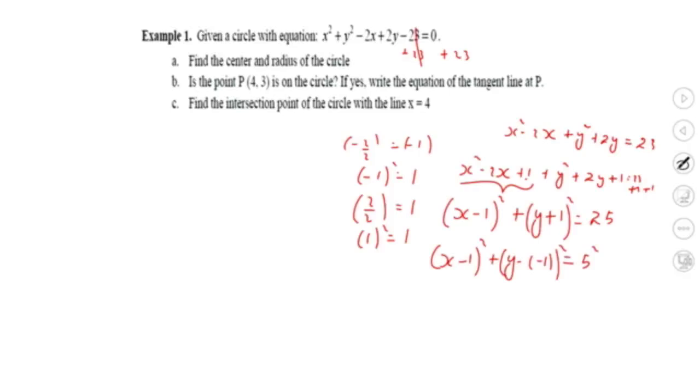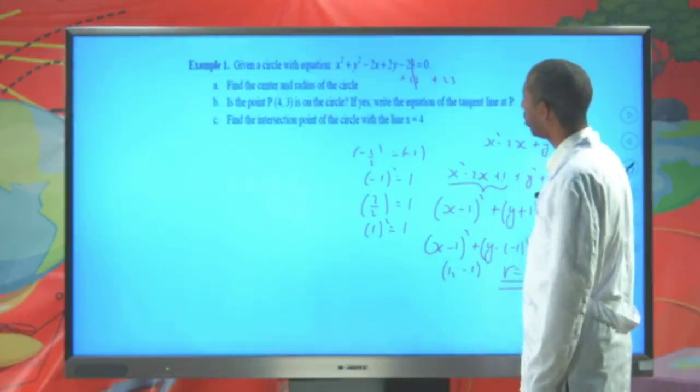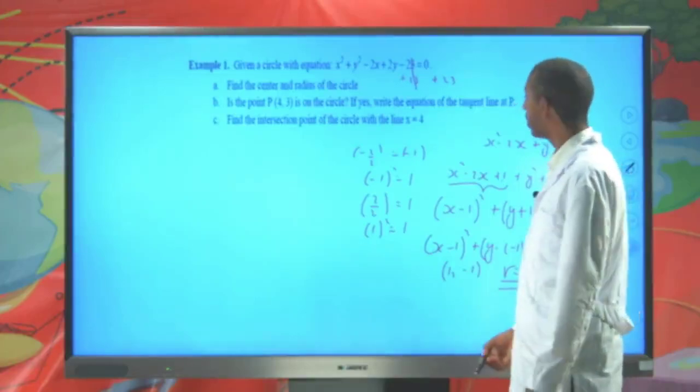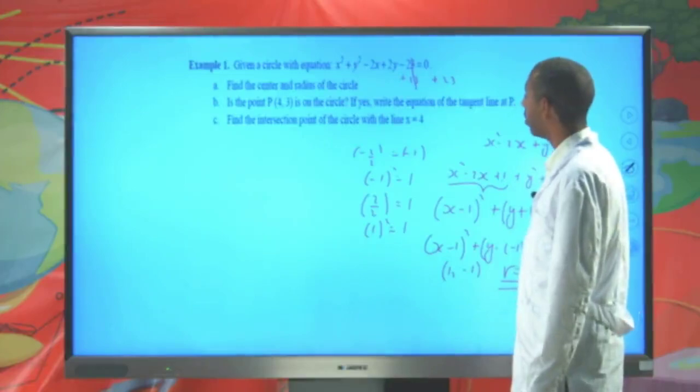So the center of the circle becomes positive 1 and negative 1. This is the center. And the radius of the circle becomes positive 5. I think through practice, you can easily rewrite a given equation in standard form, and you can easily find the radius and the center of the circle.